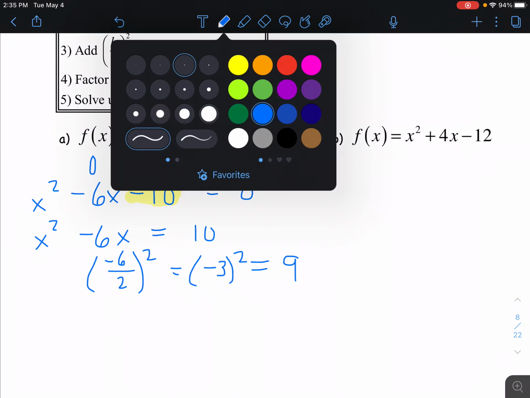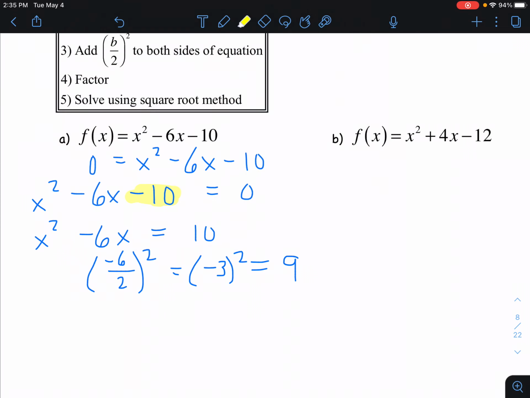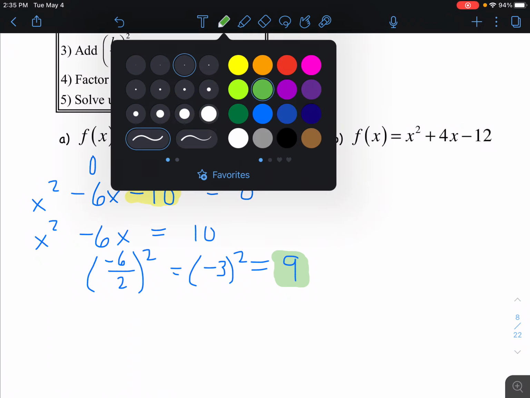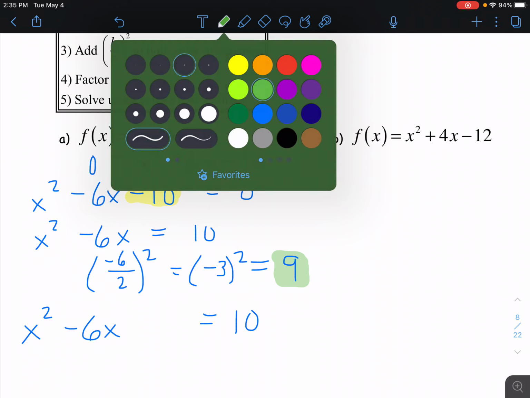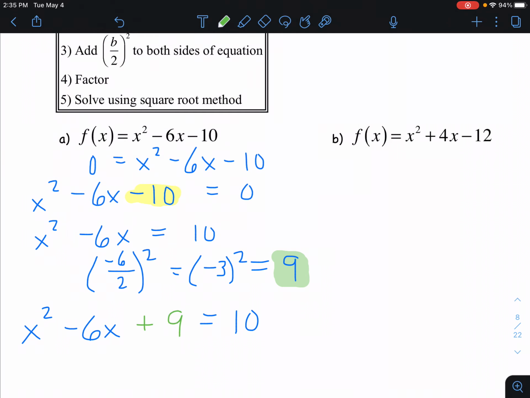That 9, we are going to add that to both sides. Plus 9 and plus 9.